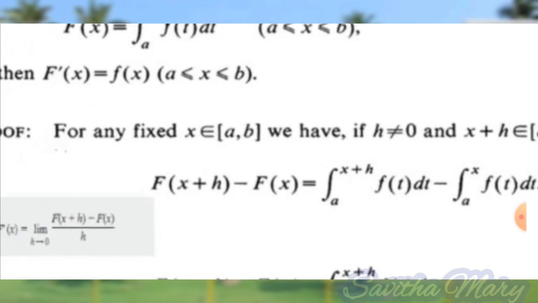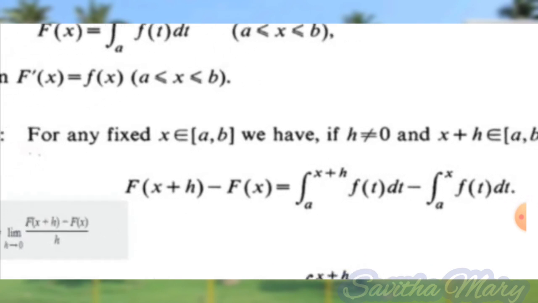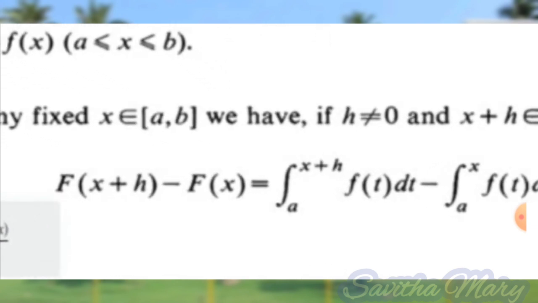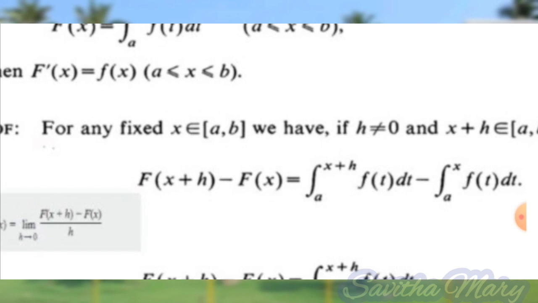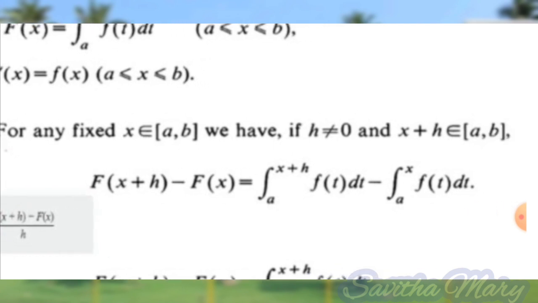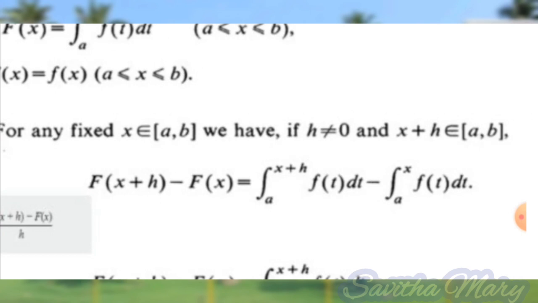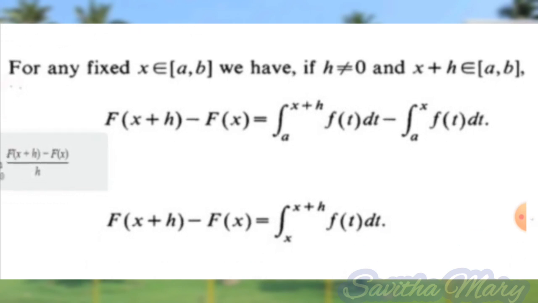Now define the function F(x+h) as the integral from a to x+h of f(t) dt. Now, subtracting these two functions, F(x+h) minus F(x), we get the integral from x to x+h of f(t) dt.